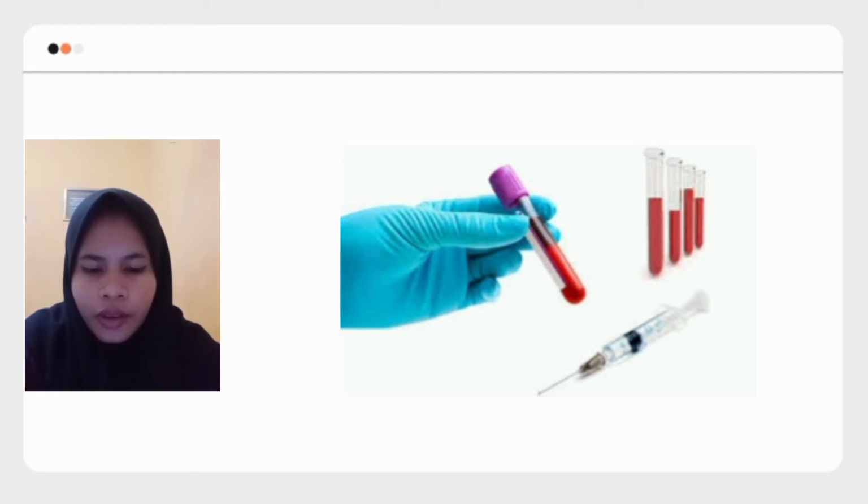If the kidneys do not excrete urea, its level in the blood will increase. This can occur when the renal tubules are damaged or when blood flow to the kidneys is reduced.